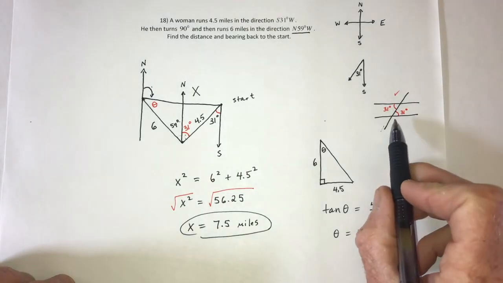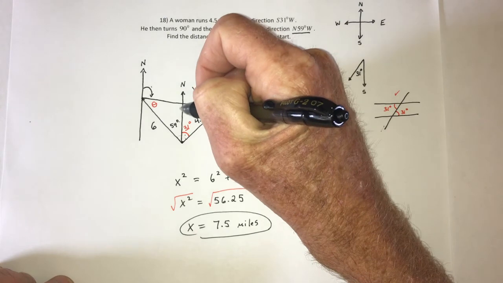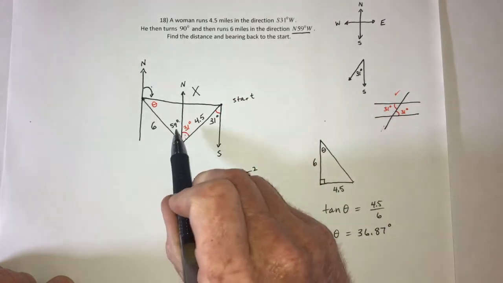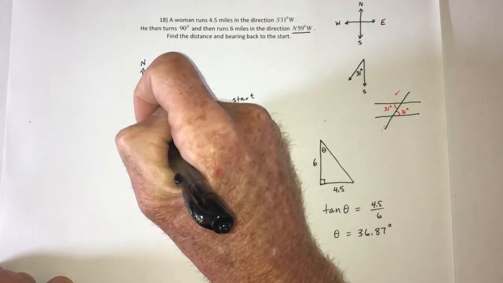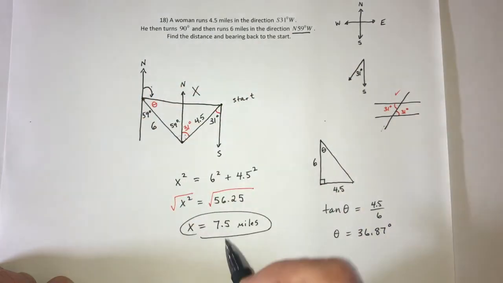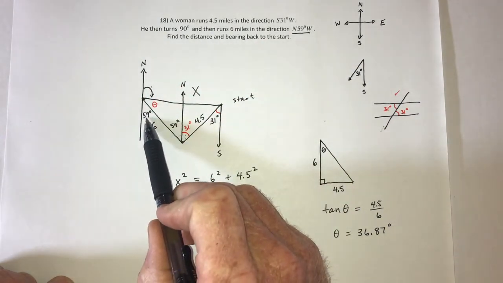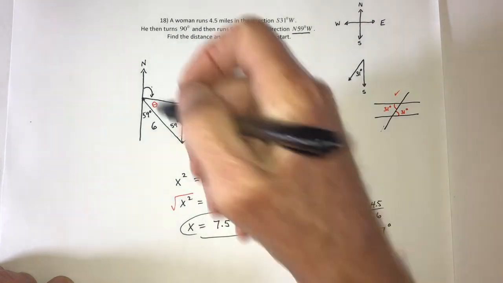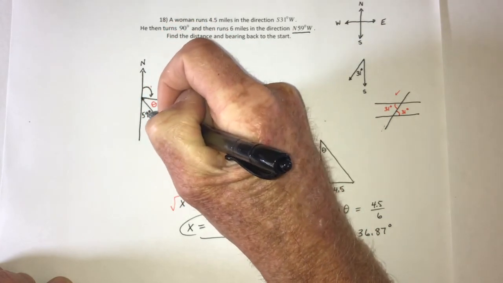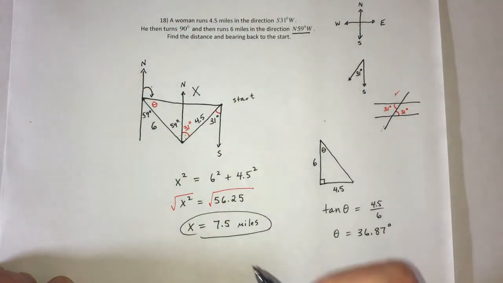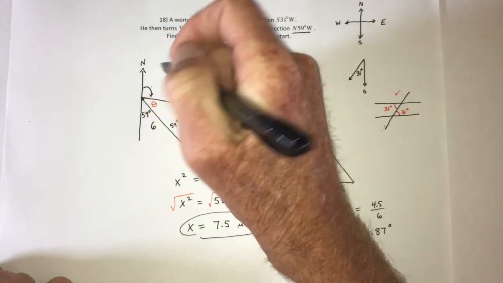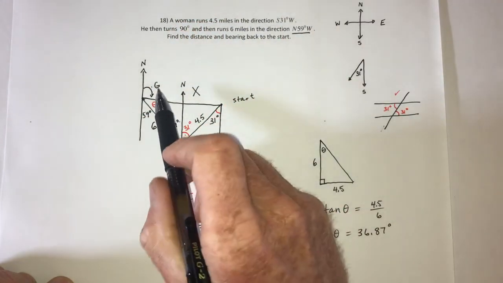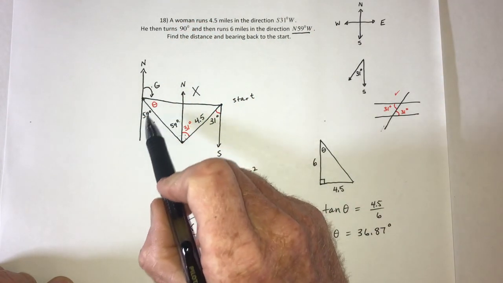Well, what we could do is use this idea over again. So we have this north line and this north line that are parallel, and this line is a transversal. So that means if this one is 59, then this one is 59. So now we know the 59, and this theta is the 36.87 that we got right there. And since this north line is a straight line, these three have to add up to 180. Or in other words, this one, which I'm just going to call G for Greg, would be 180 minus theta and minus 59.